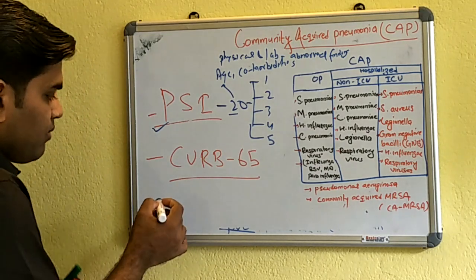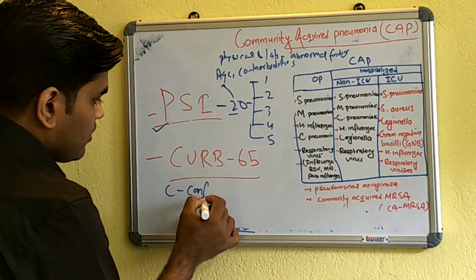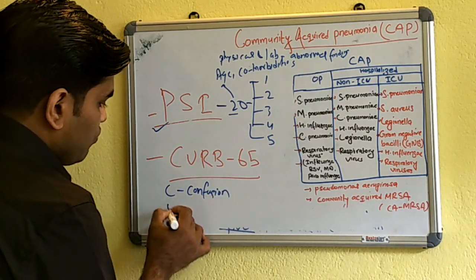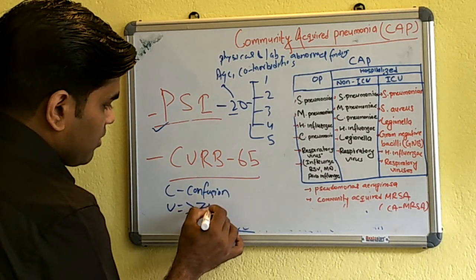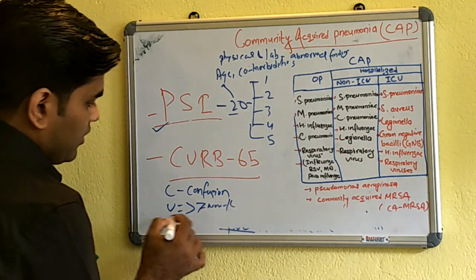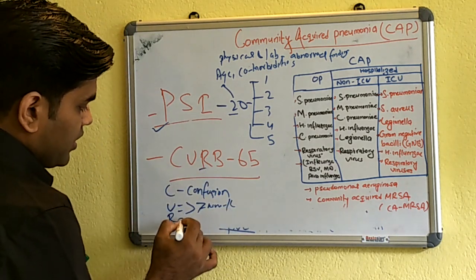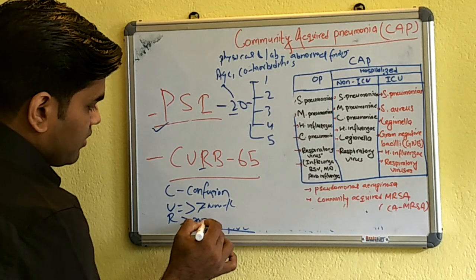And CURB 65 includes C for confusion, U for uremia, urea level greater than 7 millimole per liter, then R for respiratory rate greater than 30 breaths per minute.